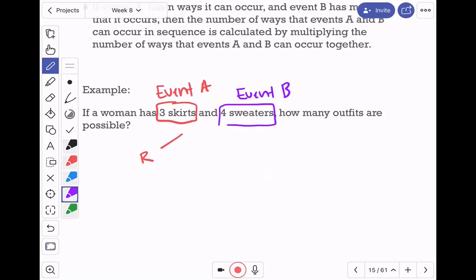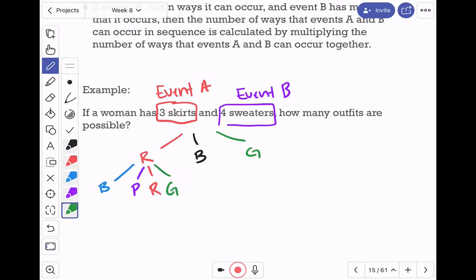She has a red skirt, she has a black skirt, and she has a green skirt. If she wears the red skirt, then she can wear her blue sweater, her purple sweater, her red sweater, or her green sweater.